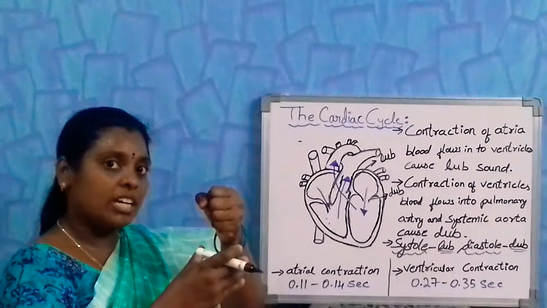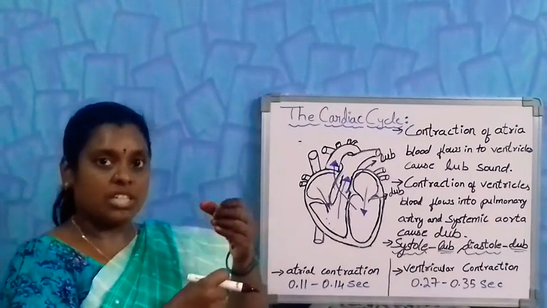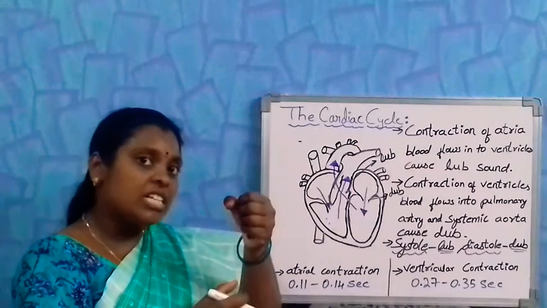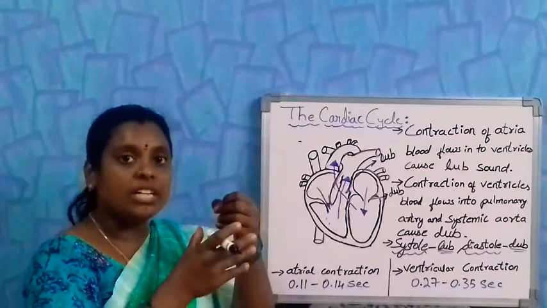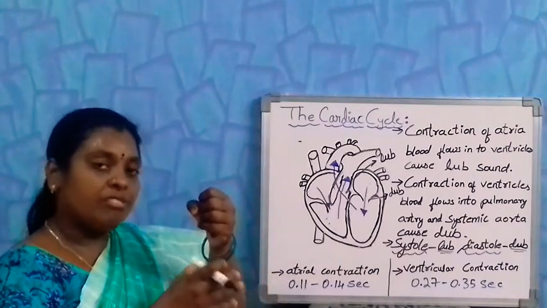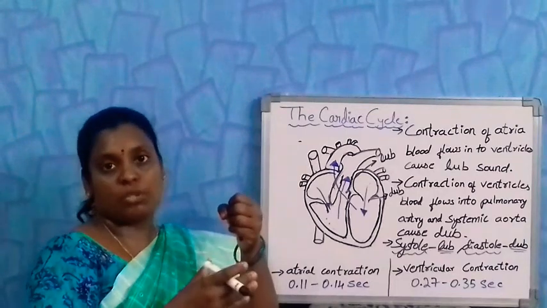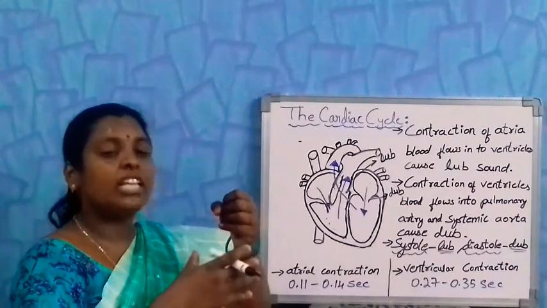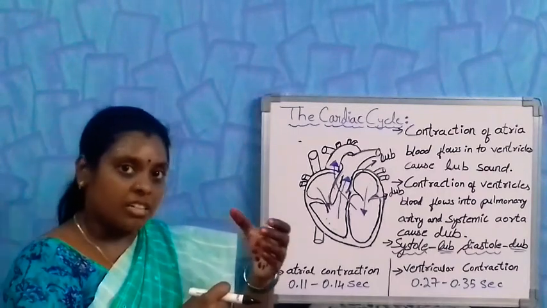When the ventricles are in the contracted phase, the auricles are relaxed.